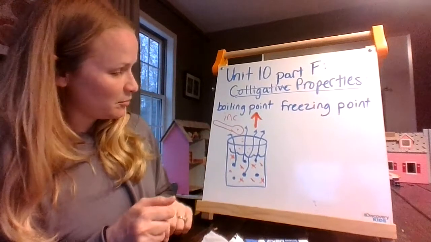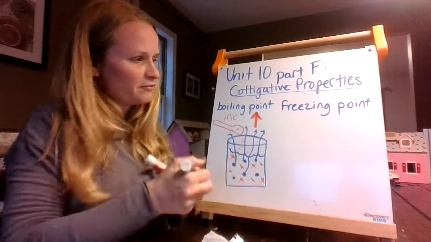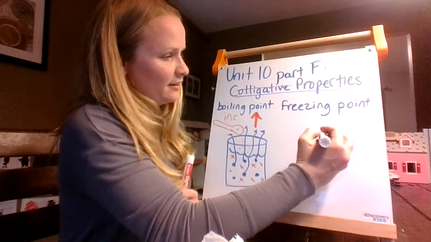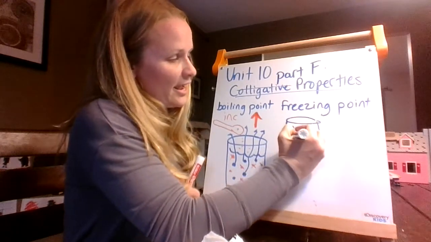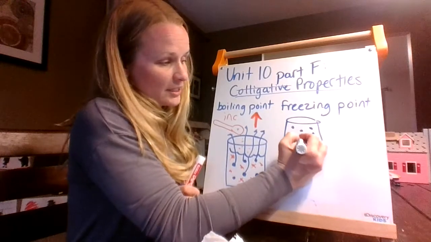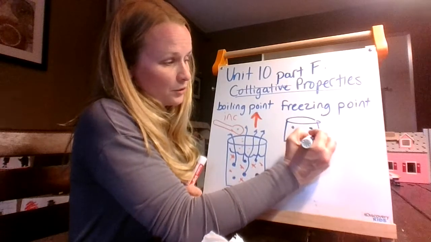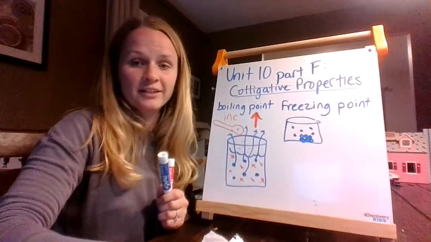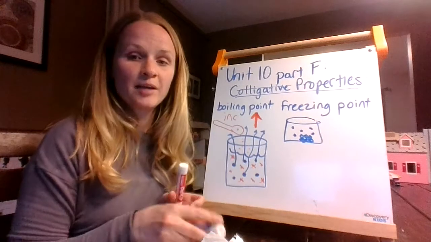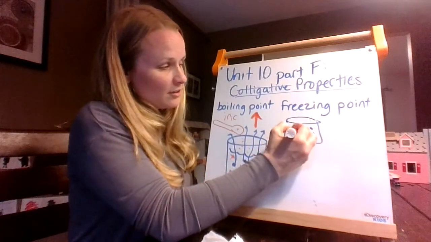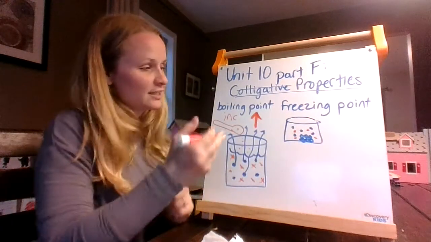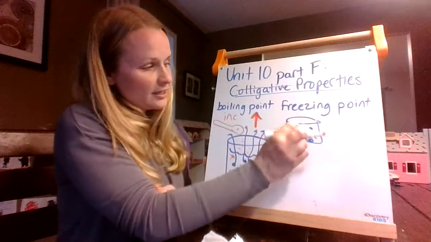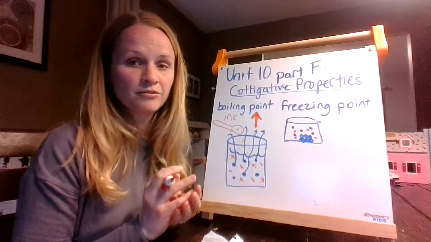And then freezing point, if you think of freezing as, if this is liquid water, okay, and freezing is when you try to get them to come together and be really orderly and really close together, okay, that's freezing, where boiling is like escaping. So again, if you drop salt in here, now they're still getting in the way, but now instead of getting in the way of them spreading out, they're getting in the way of them trying to come together into freezing.